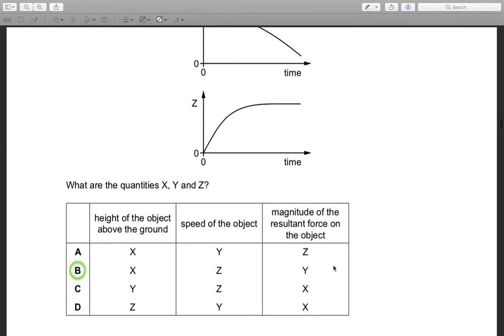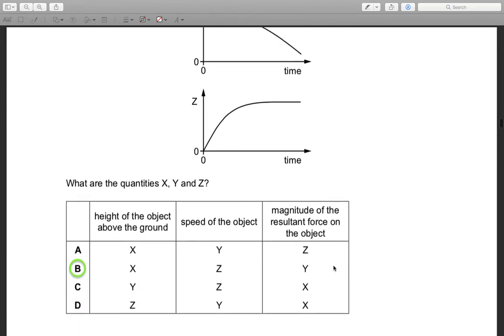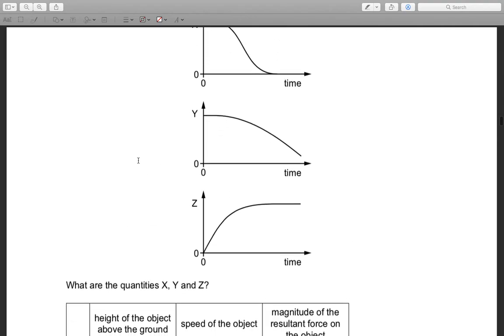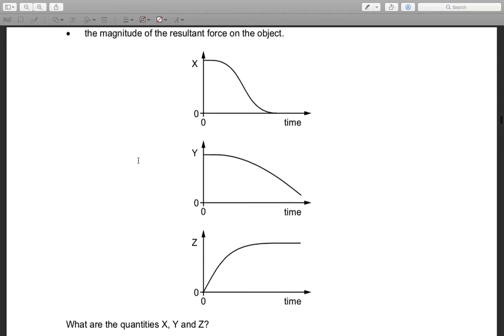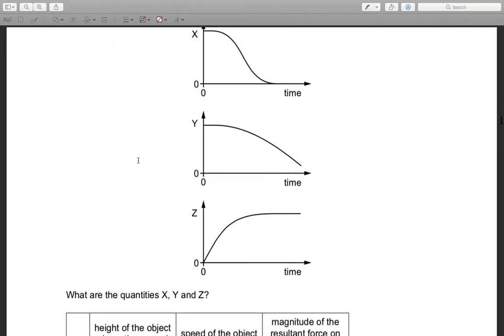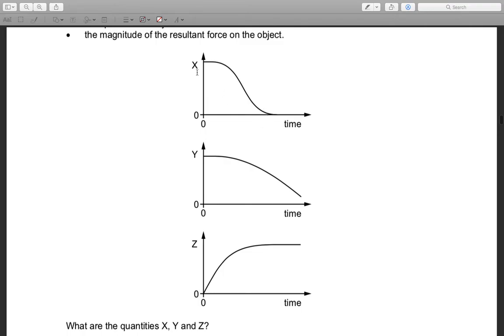If we see the height of the object above the ground, the height will become 0, so on graph X it is at this point 0.